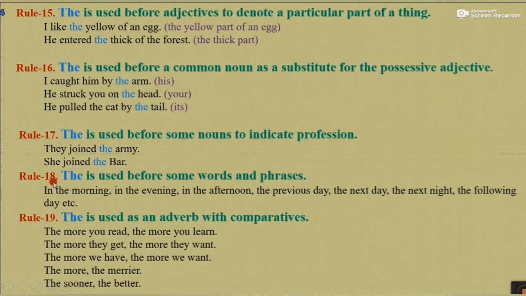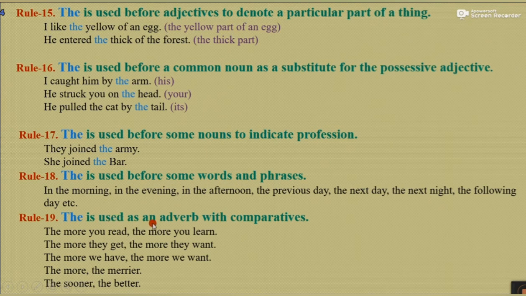Rule number 18. The is used before some words and phrases. For example, in the morning, in the evening, in the afternoon, the previous day, the next night, the following day, etc.